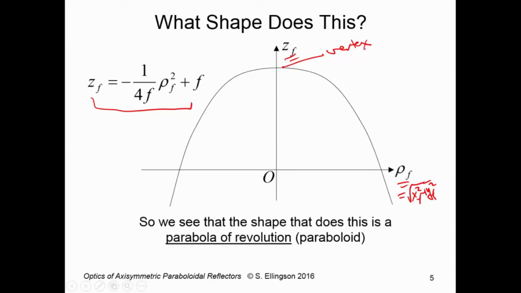And if we plot this equation, z sub f as a function of rho sub f, it is immediately clear that this is a quadratic equation. Therefore, we end up with a parabola. This dimension here, from the origin to the vertex, is f. That's where we started. So f is now clearly focal length in the traditional optical sense.